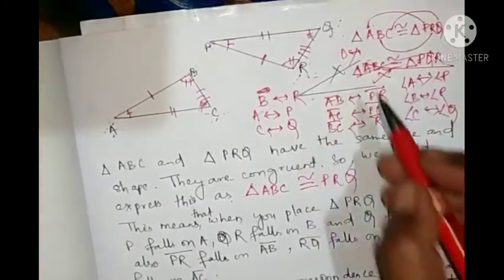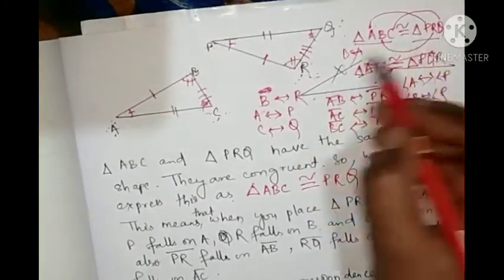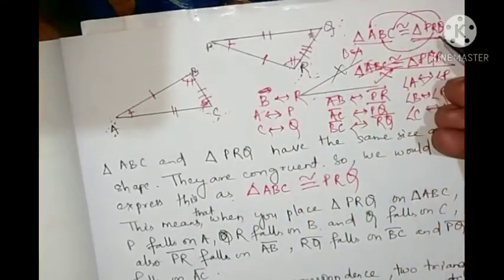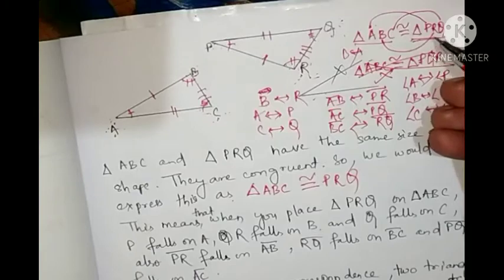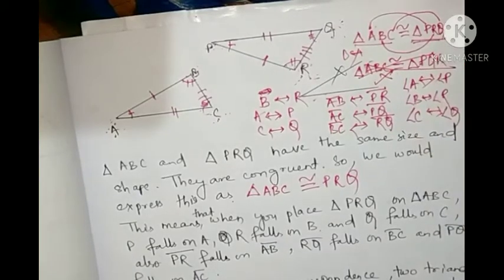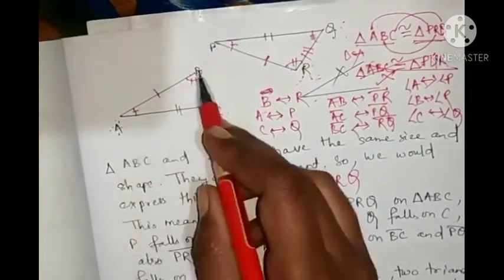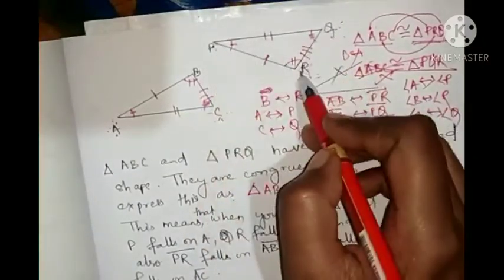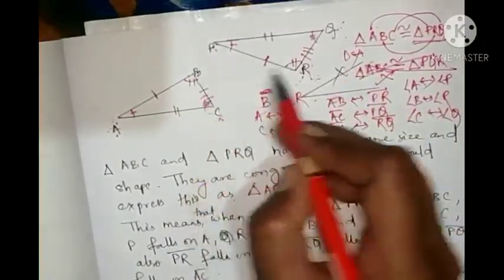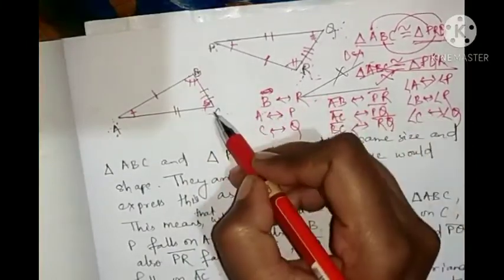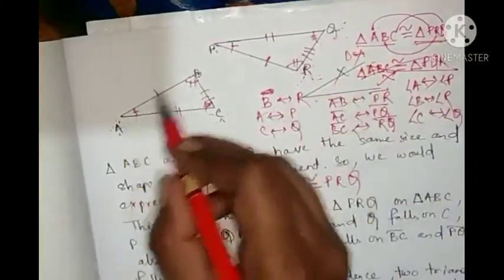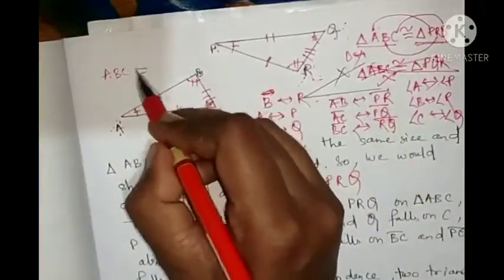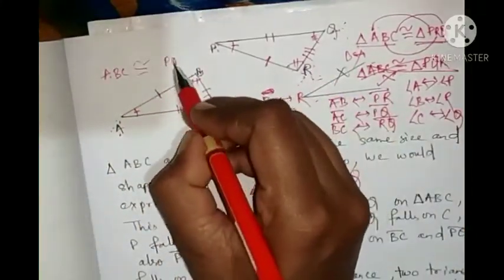Okay. So always write in the way where you put the corresponding parts in order. In the proper way, you put the order of letters, ABC triangle means PRQ. Don't write PQR. Why? Because here B is corresponding to R and C is corresponding to Q. If you are writing ABC, that is corresponding to PRQ.